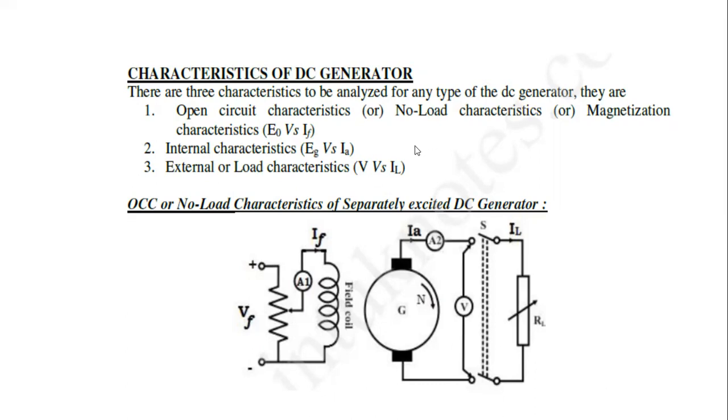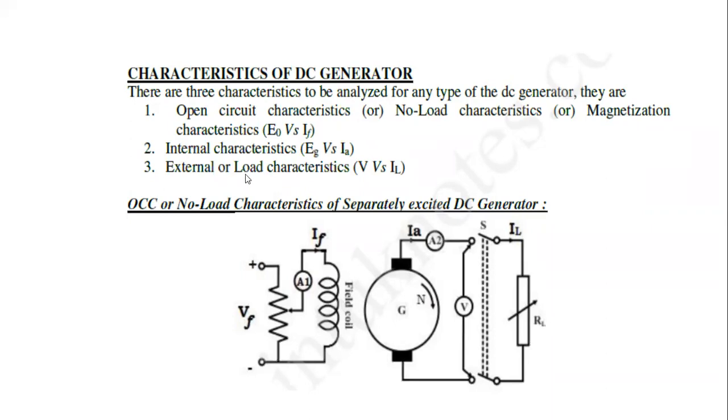Therefore, the graph is drawn between the generated EMF and the armature current. This type of characteristics is known as the internal characteristics.